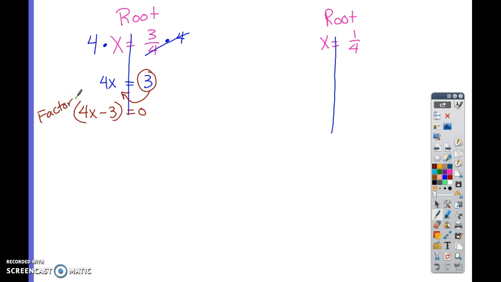The other factor on this side, you're going to do the same thing. So get rid of the denominator. So multiply by that number on both sides so that it can cancel. 4 times x is 4x, and you're left with a 1. Now we move the 1 over, change the sign, and it becomes minus 1. So my other factor is 4x minus 1.